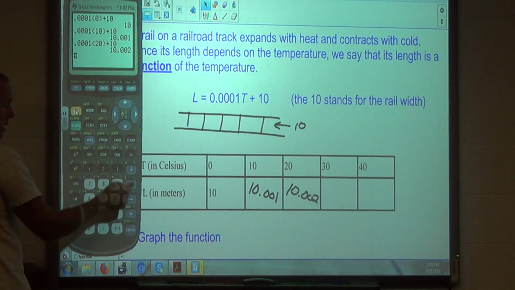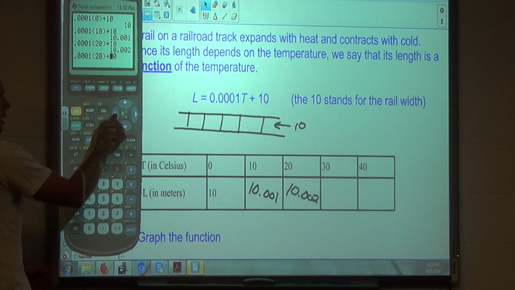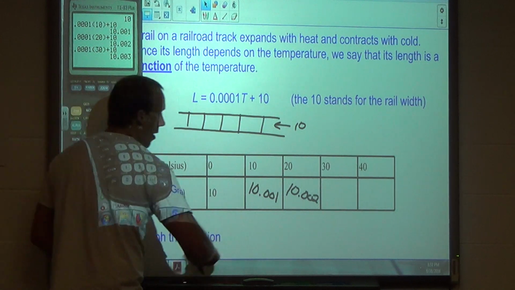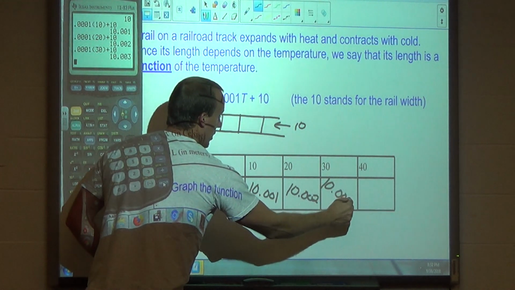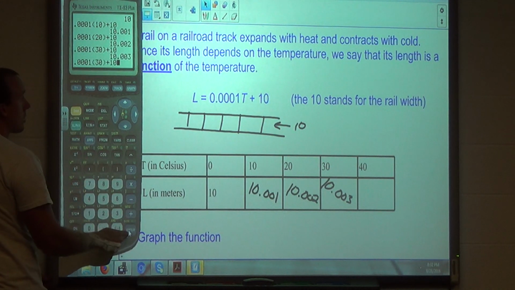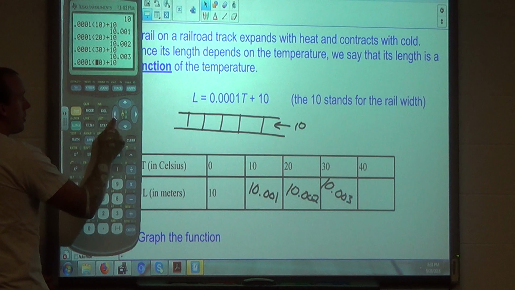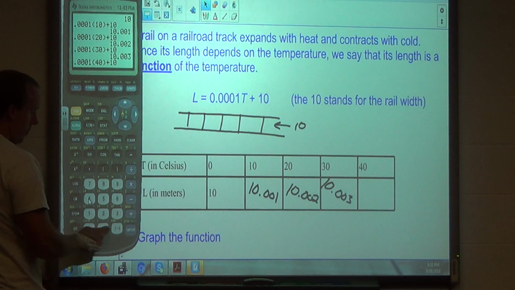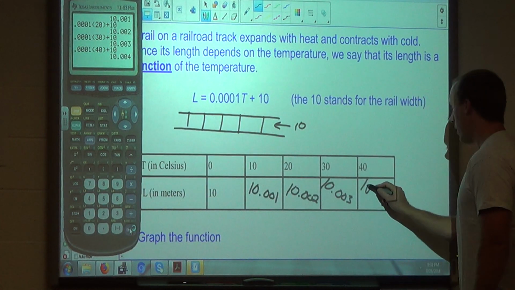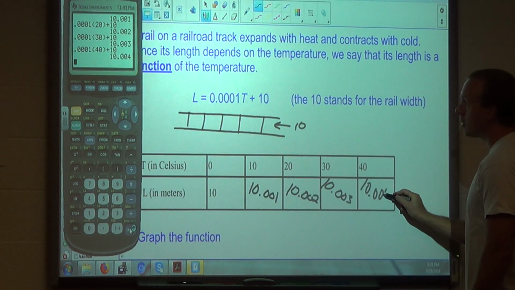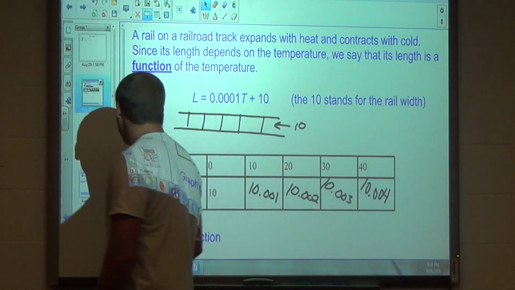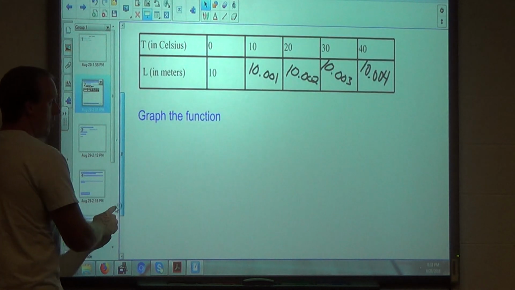Then second, enter, and move it back over here, hit 30: 10.003. Second, enter, 40: 10.004.